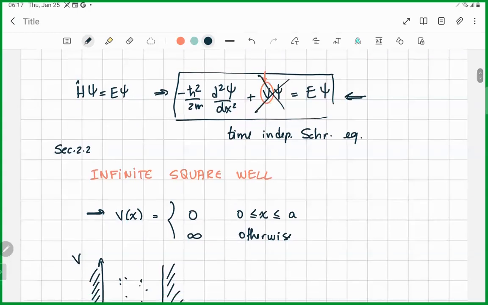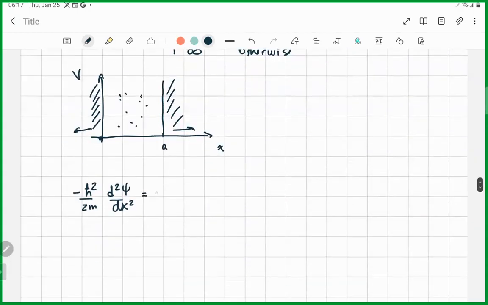The only thing that we'll have is the right side. That's the equation that we have to solve. What does it mean to solve this Schrödinger's equation?